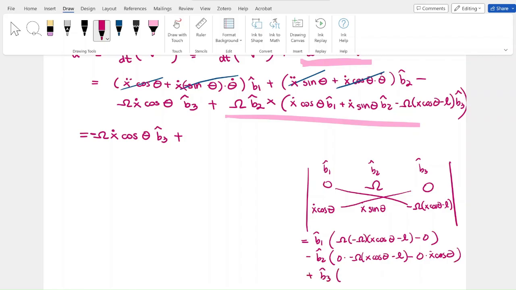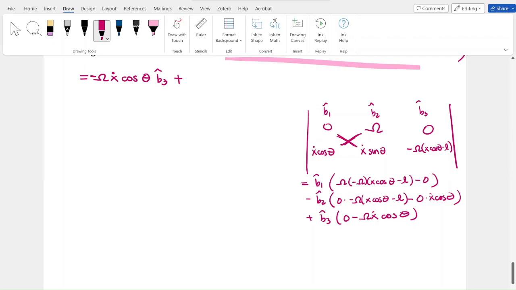Plus B3 hat: we take the determinant of these two, this multiplied minus this multiplied, so 0 minus omega x dot cosine theta. So this ends up being negative omega squared times x cosine theta minus L B1 hat, minus 0 B2 hat, so we just ignore that, plus negative omega x dot cosine theta B3 hat.